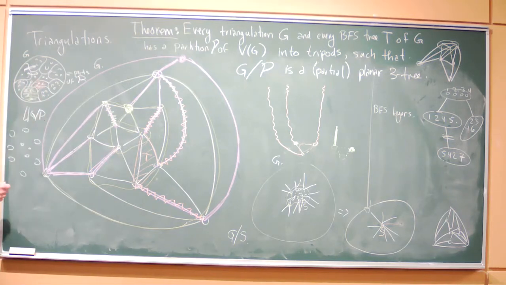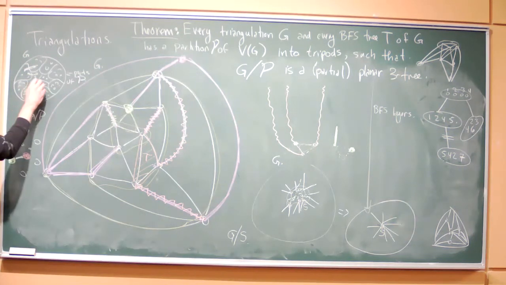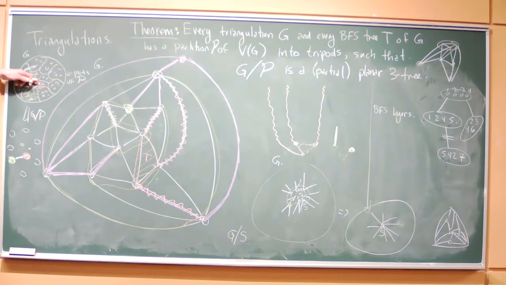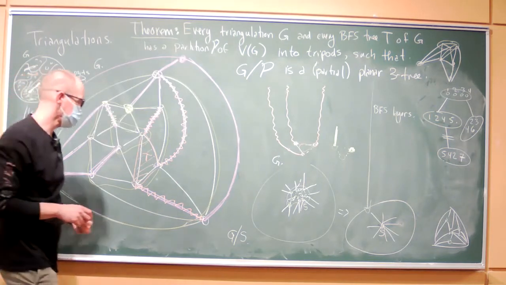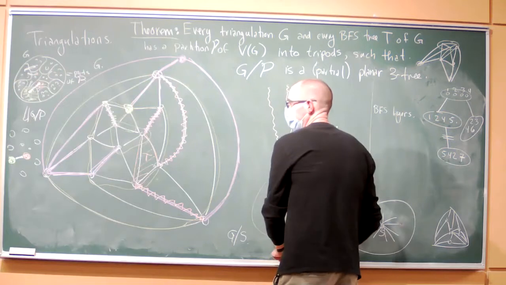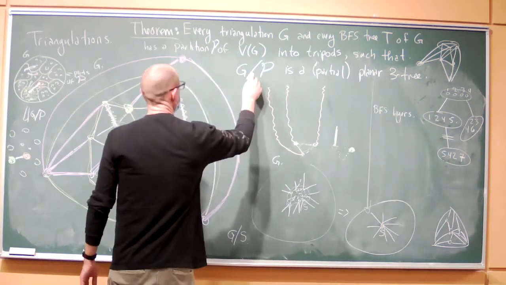That's going to turn into a green vertex and a pink vertex. And there's an edge between those two things in the contracted graph because there was an edge from one vertex in the green set into a vertex in the pink set. Okay. All right, so that's the quotient graph.